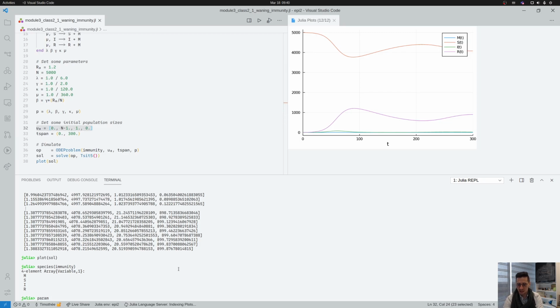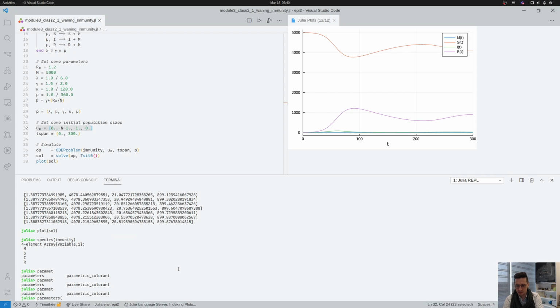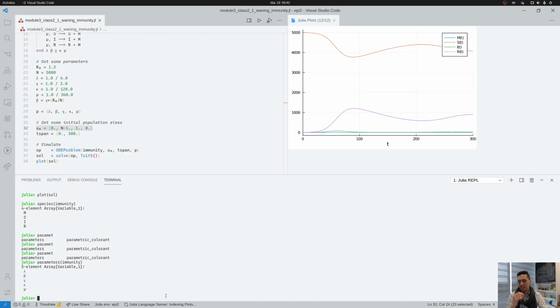The second method is parameters, and that is giving you the order in which you should be putting the parameters in the model.